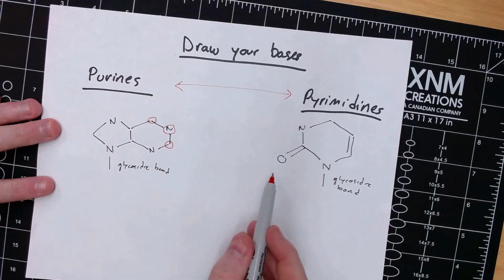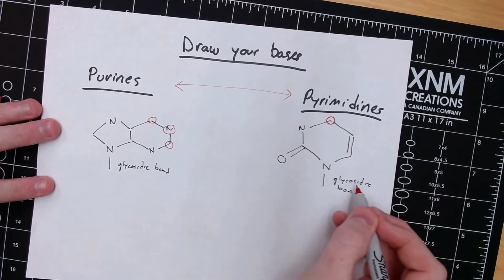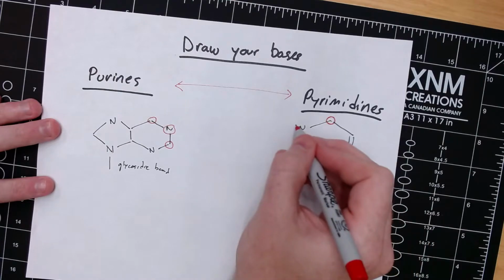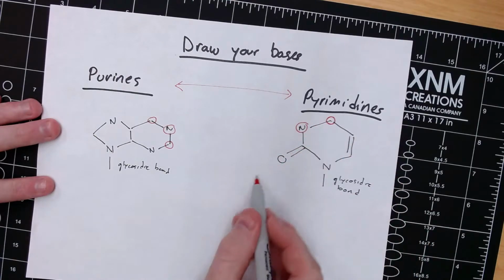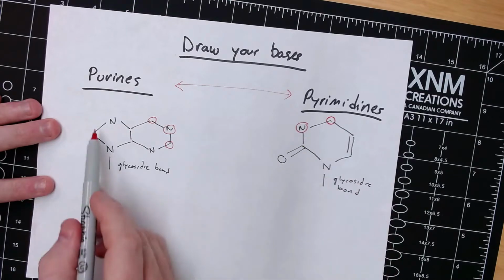Similarly, on the pyrimidine, pretty much the only variable position is going to be here, whether or not you have a donor or acceptor in this position, which is in turn going to set whether or not this nitrogen is protonated or not. And that's pretty much it.